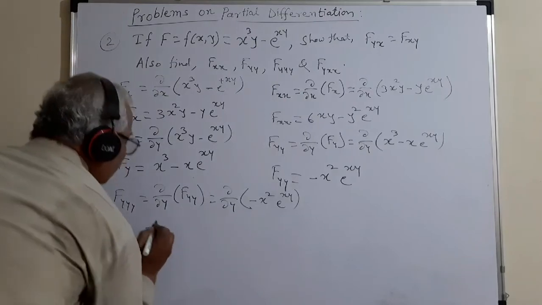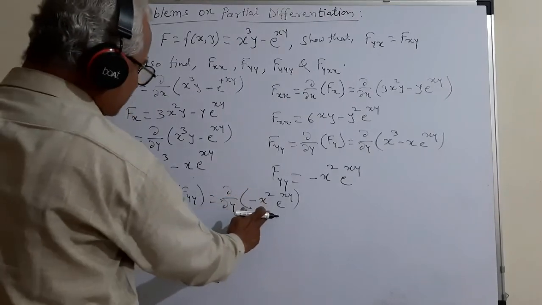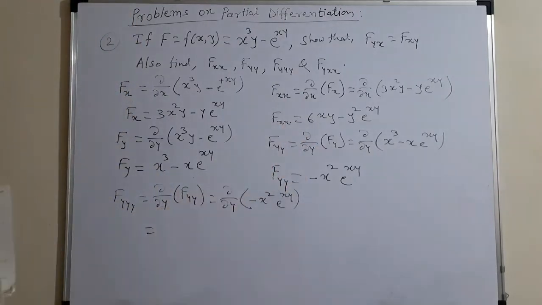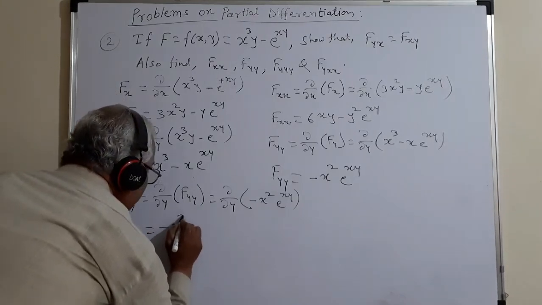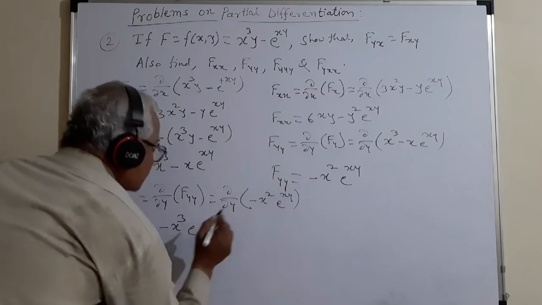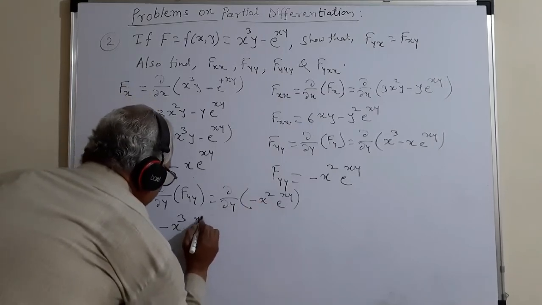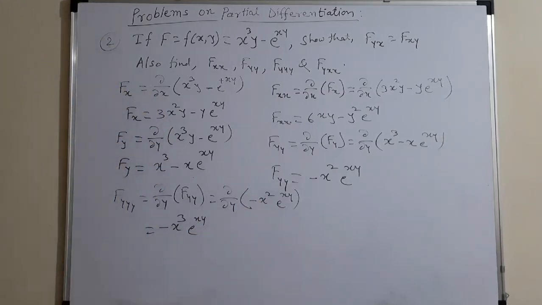Differentiating this term once again partially with respect to y, we get minus x cube e raised to xy. This gives minus x cube e raised to xy.